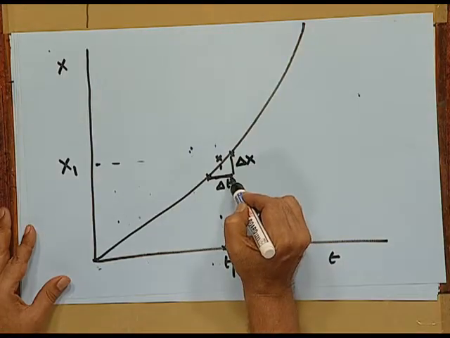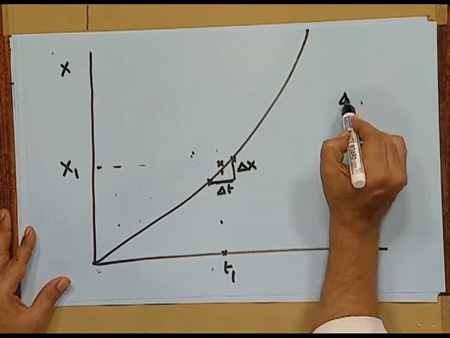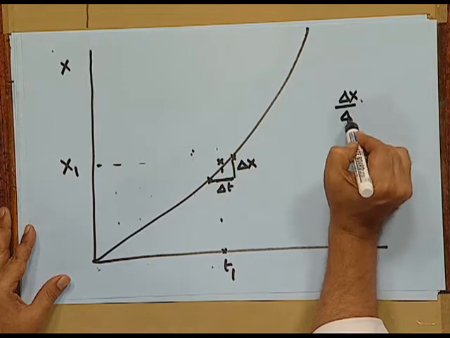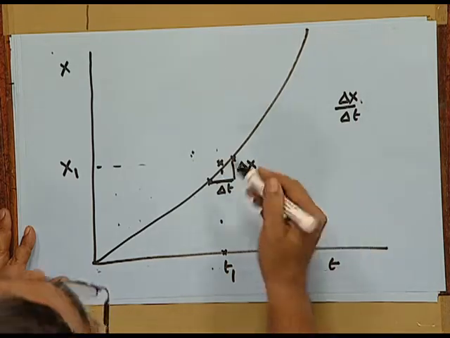Here I find the change in position in that small interval, delta x, and call it delta x by delta t. But please note this delta t is small. You make it still smaller.